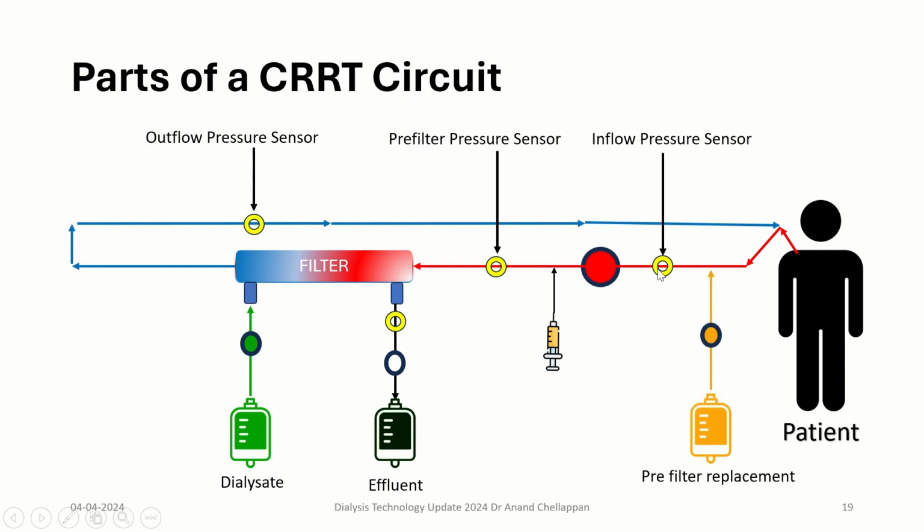They can be given pre-filter or post-filter. So, when we use convection along with diffusion, then it is called CVVHDF. If we just use convection but there is no dialysate, then it is CVVHF. So, these are the different parts of the circuits in CVVHD, CVVHF and CVVHDF.